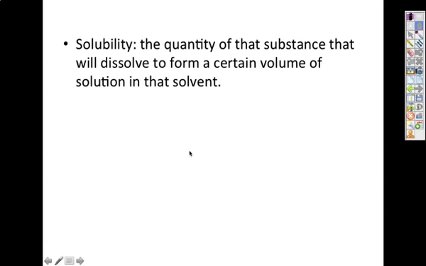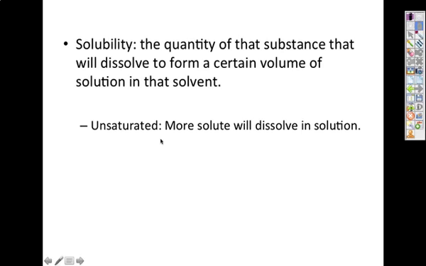Okay, solubility. The quantity of that substance that will dissolve to form a certain volume of solution in whatever solvent we're looking at. And we've got three types of solubility. We've got an unsaturated solution, where we could dissolve more solute into the solution without changing any of the temperatures or anything like that.